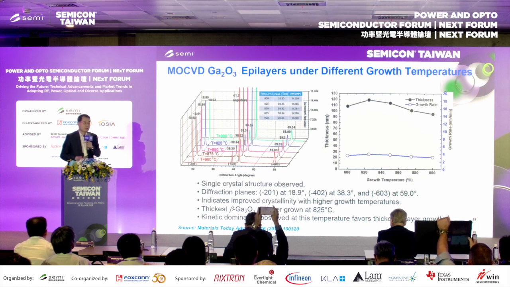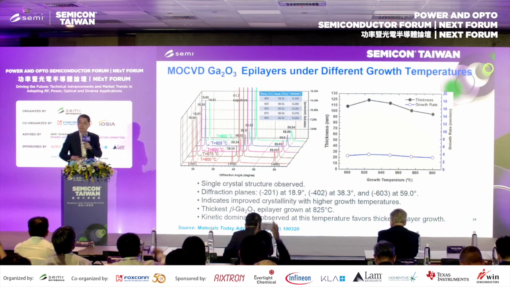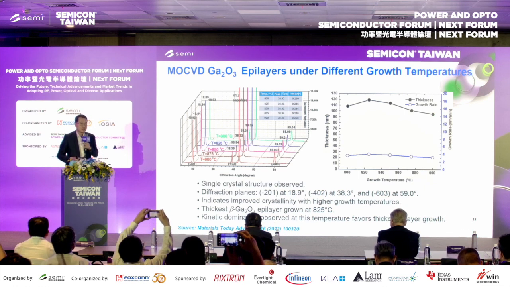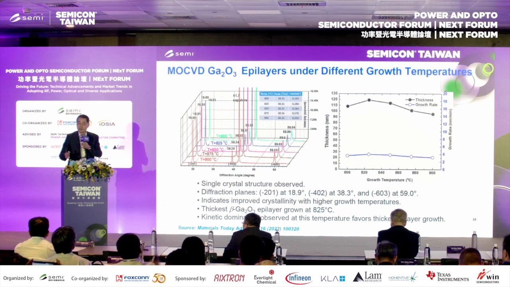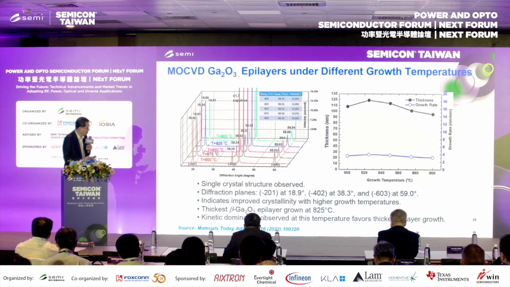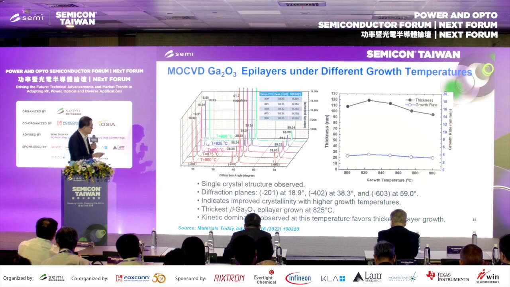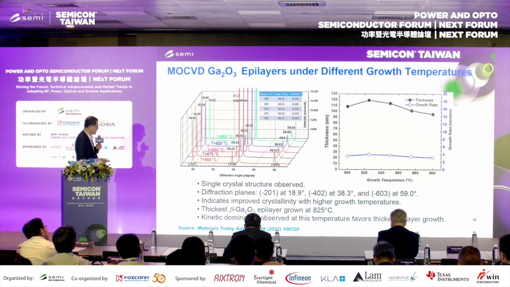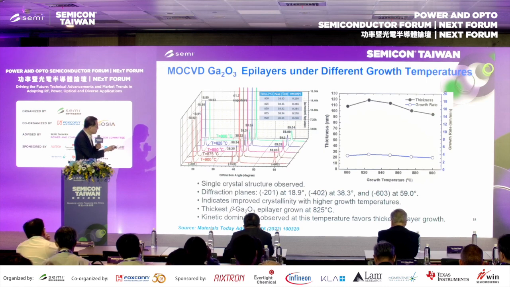It is a little different from the nitride material, because the oxygen to gallium ratio is also very important. So this slide shows the beta phase can be achieved from 800 degrees C to 900 degrees C.